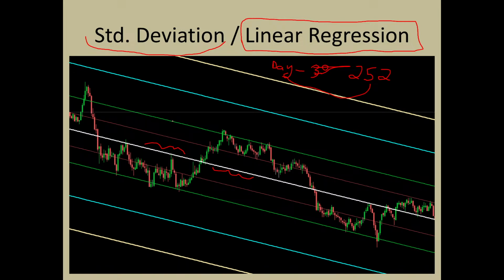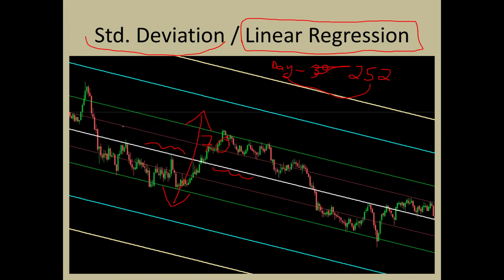This is what this green line means. Between this green line here and this green line down here, price will be within this range 70% of the time.